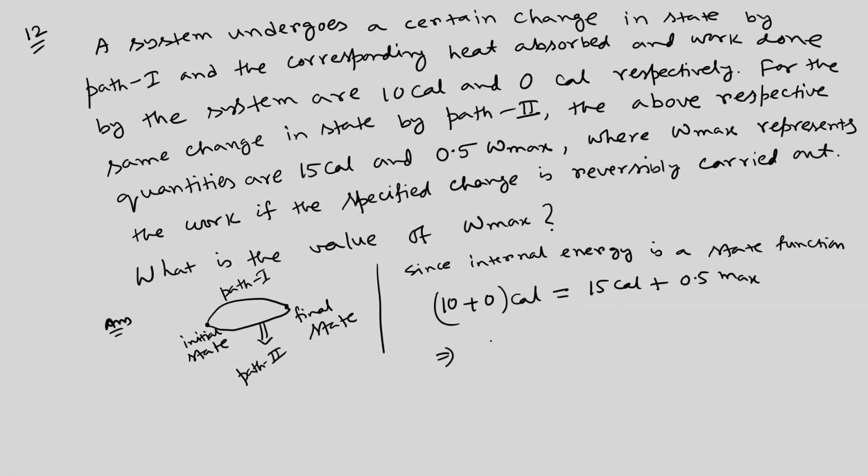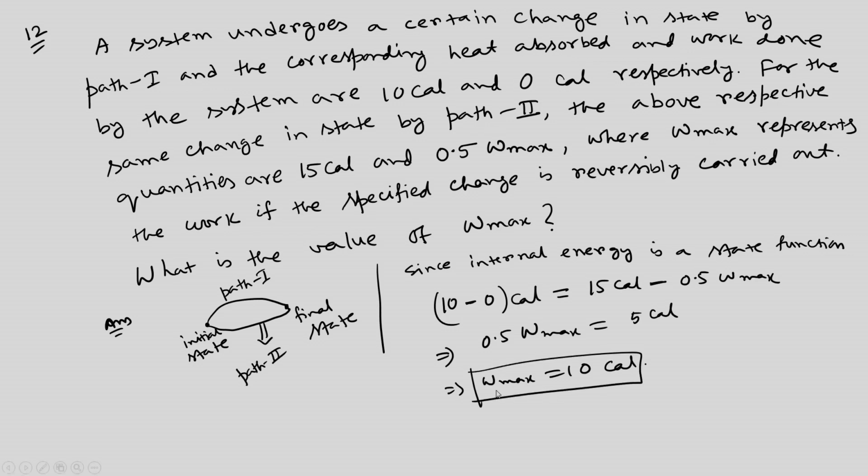So, if we solve this, here work done by the system is negative, and this is also negative here, because work is done by the system. So, we get 0.5 times W max is 5 calorie, or we get W max equals 10 calorie.